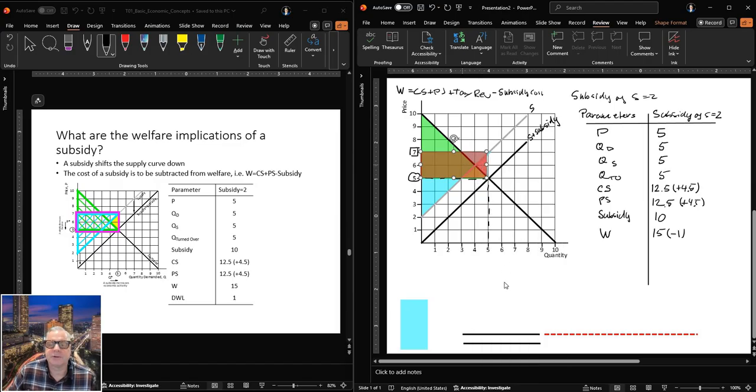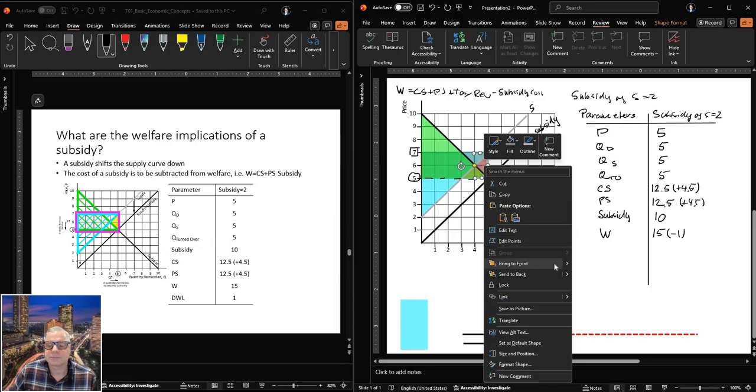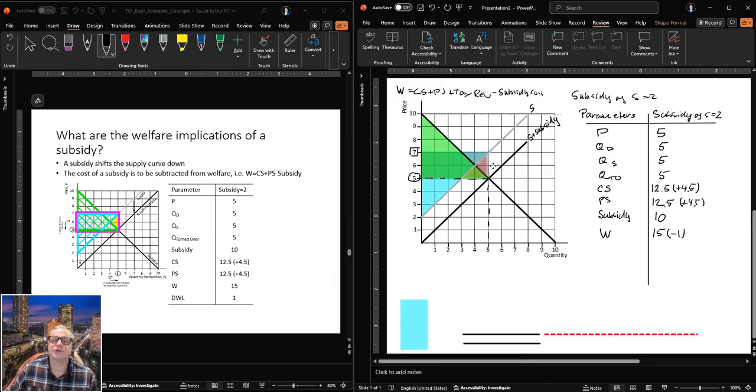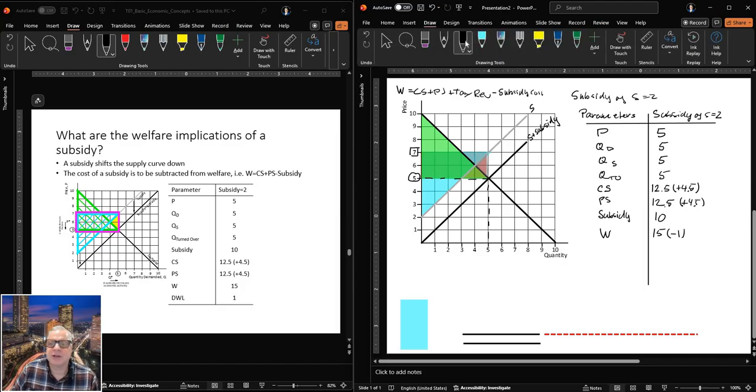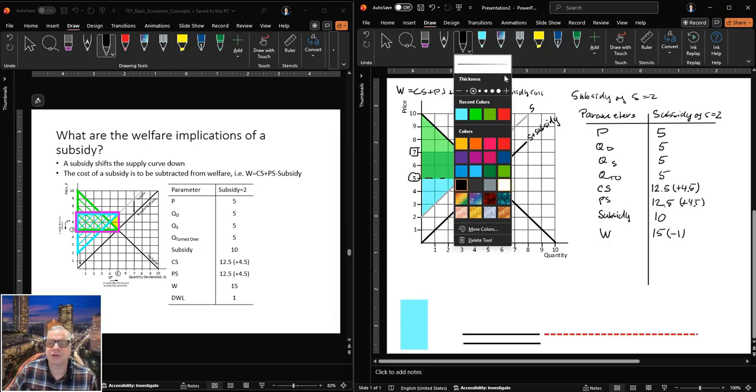Yeah, it's difficult to... well, let's bring that to front. So we can't really see it, but this triangle here, what is unique about this deadweight loss is that for the first time, it is a deadweight loss from inefficient overproduction.